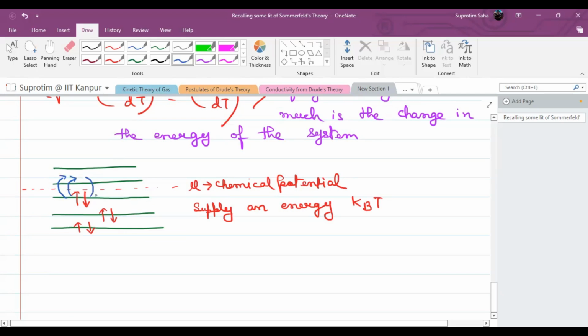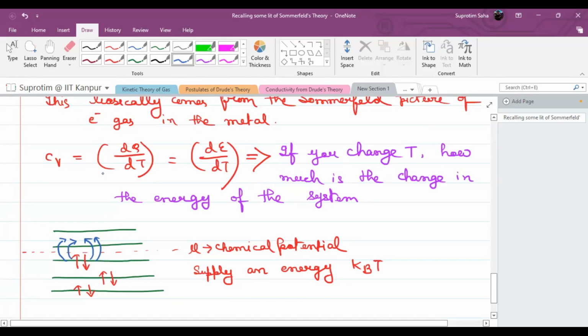This is because these energy levels are vacant. So this is an opportunity for the outermost electrons to move into those energy levels. So let's say you do this at temperature T equals 0, which is the simplest case, which is the Fermi energy.